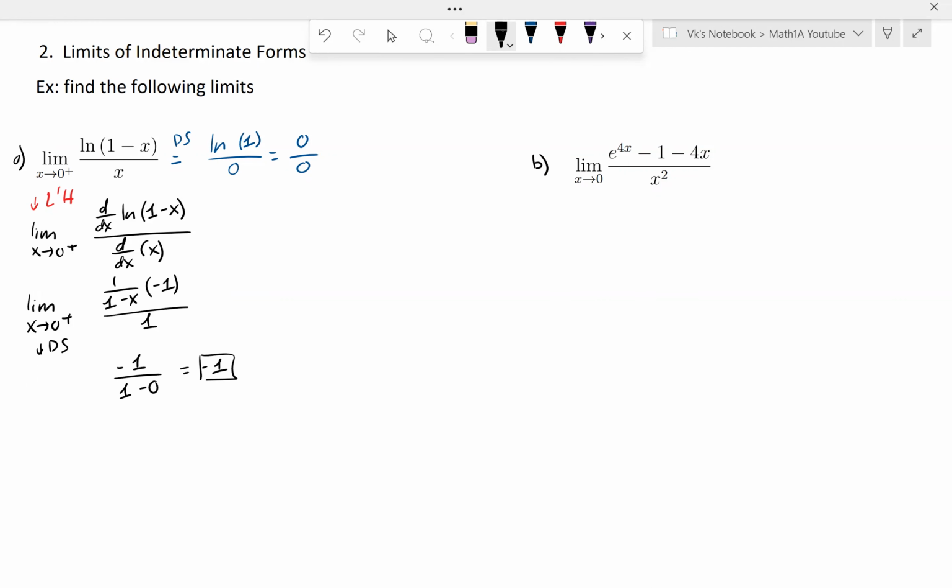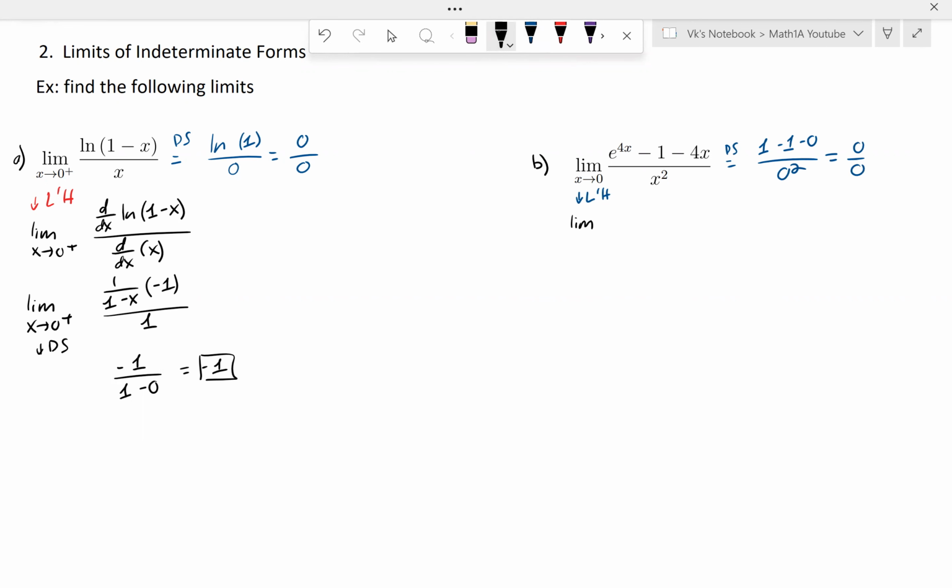B, limit as x goes to 0 of e to the 4x minus 1 minus 4x over x squared. Direct sub, we'll have e to the 0, which is 1, minus 0 over 0 squared, so 0 over 0. So use LH rule.